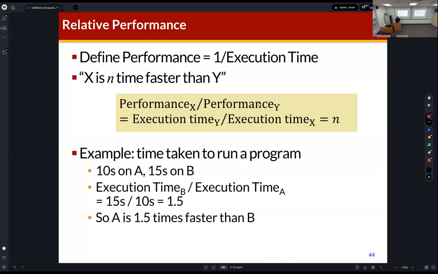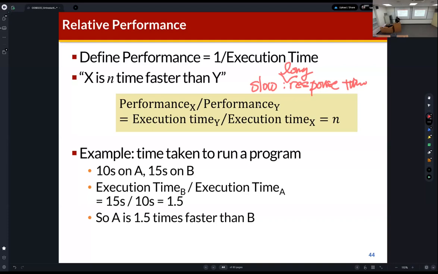Slow means a long response time. When we execute a certain program or application and say, oh, my computer is slow, it means the response time is long. So it takes long.